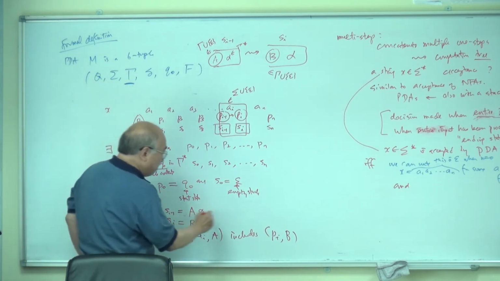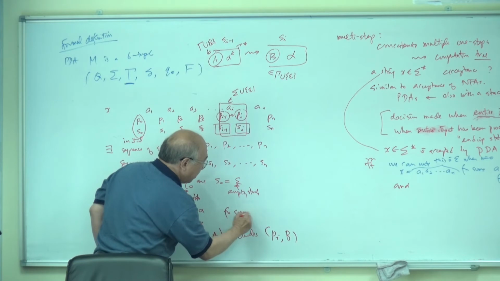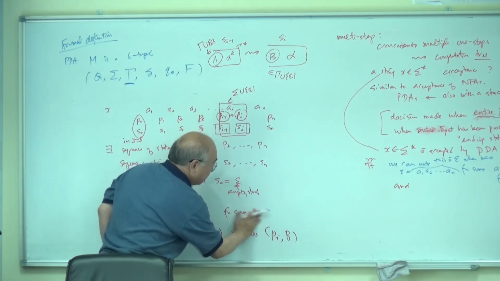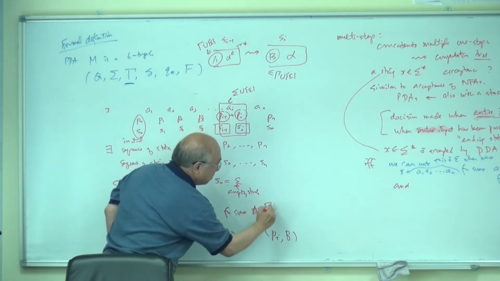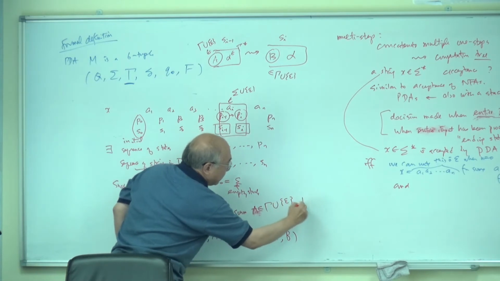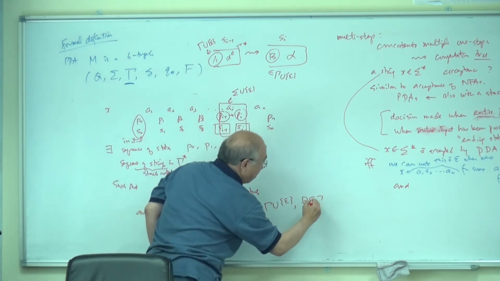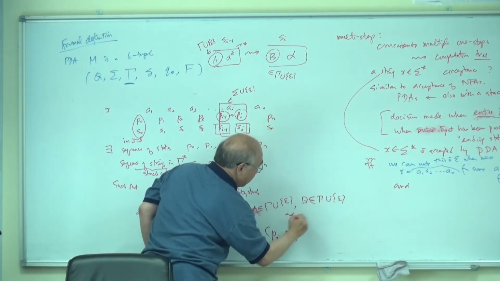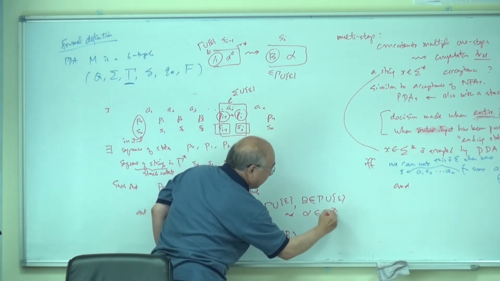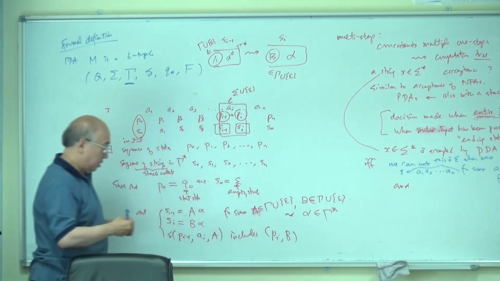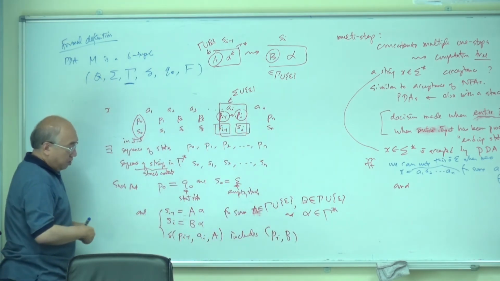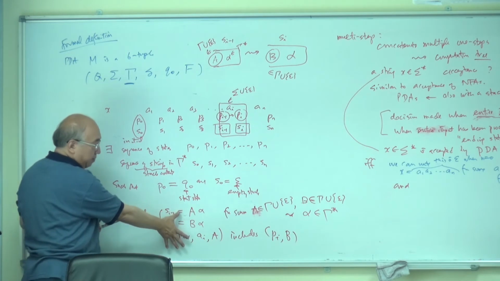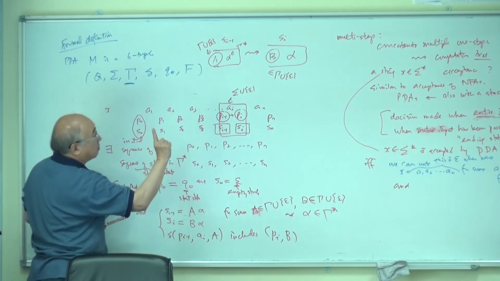For some A that is a stack symbol, B that is a stack symbol, and alpha some stack string, some content. So you can see that basically this describes a one-step possibility.